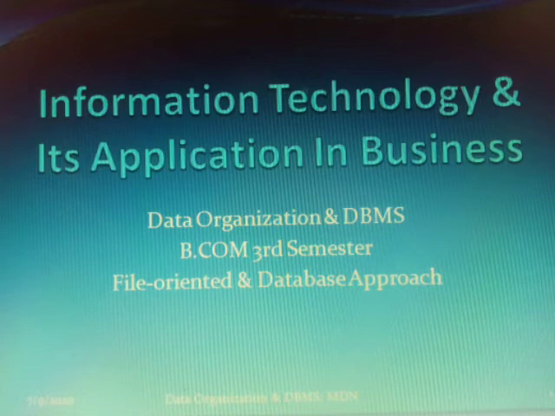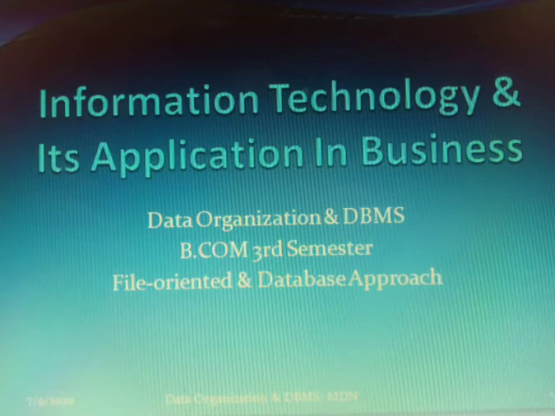So we see that three levels are there: physical level, logical level and external level. From this we can find out why these levels are there and why they help in giving us security in a DBMS.